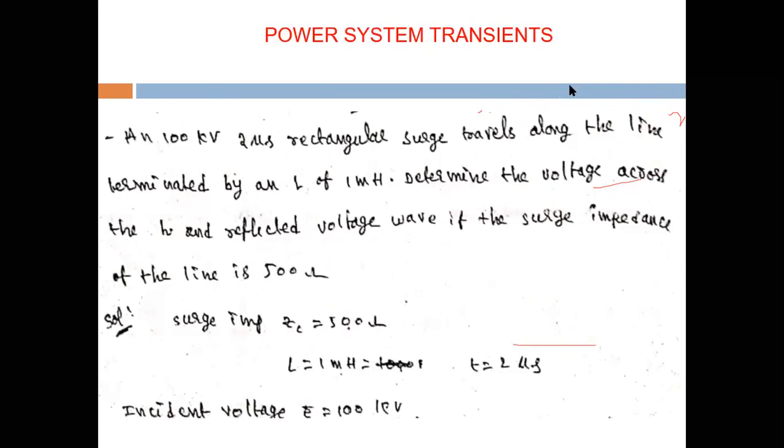Okay, this is the given problem: the reflected voltage and also the transmitted voltage. The surge impedance is 500 ohms and the inductance is 1 millihenry. Then time T is equal to 2 microseconds. This is the incident voltage.